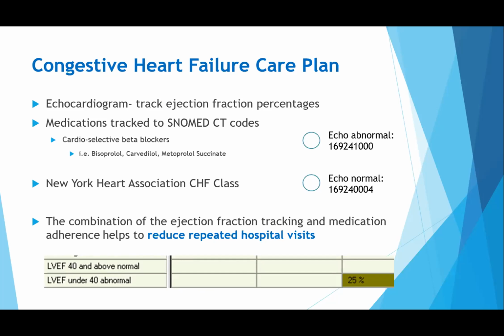The other one that we're monitoring for these patients with CHF is the medication adherence, and also the certain type of medication. So that's what I mentioned here, the cardioselective beta blockers. Is the patient currently on carvedilol or metoprolol succinate?